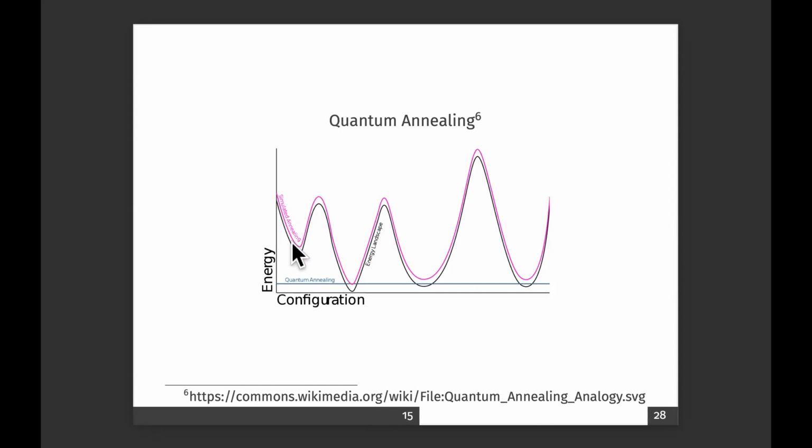But this one here is quantum annealing. What it tries to do is actually use what is known as quantum tunneling. So here you have these hills and valleys that you see. This is the energy landscape, and what the system is trying to do is find that minimum energy. In classical computing, there's an algorithm called simulated annealing.